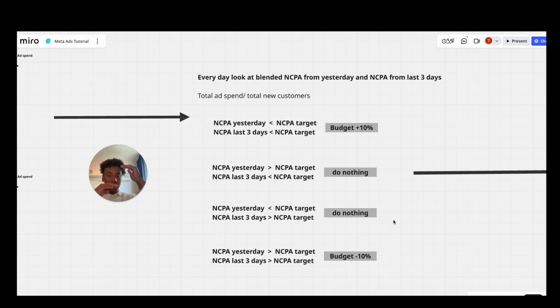So that way you really limit your downside as well. This is the very simple structure you follow. Just have a simple CBO campaign, focus on massive creative testing, and then follow this simple structure where you check your NCPA on a daily basis from yesterday and from the last 3 days. And then you either increase your budget by 10%, decrease your budget by 10%, or do nothing.